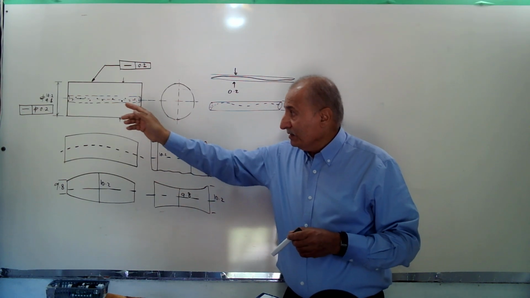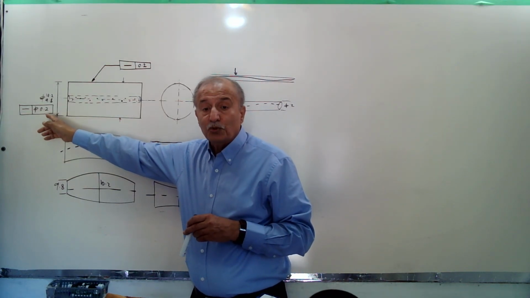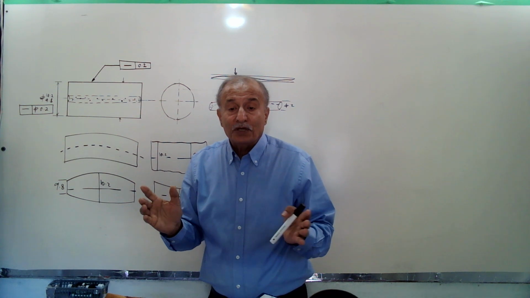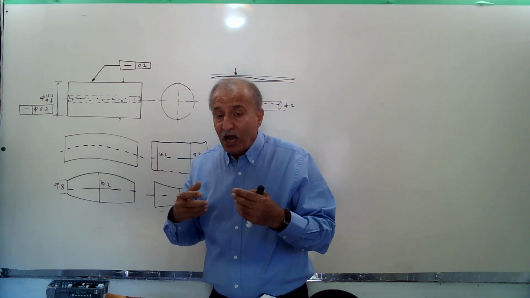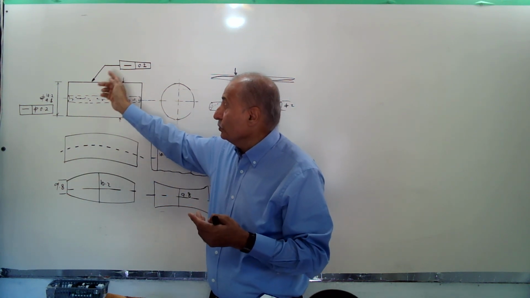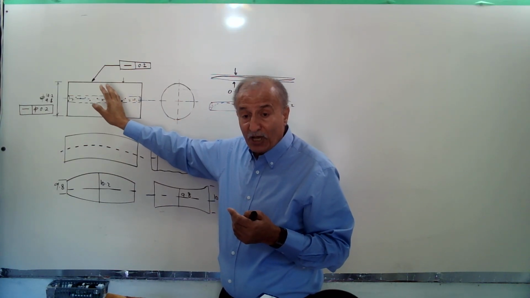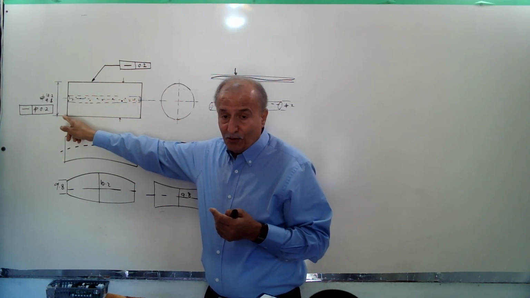Then, the straightness applies here to a feature of size, meaning there is a feature accompanied with a size. How do you differentiate these two? This one applies to a feature not accompanied with a size, but this one must be accompanied with the size.